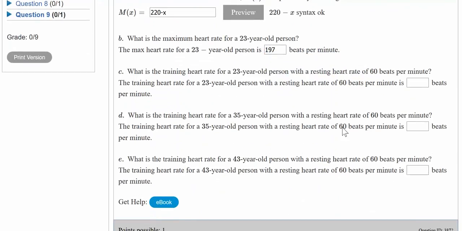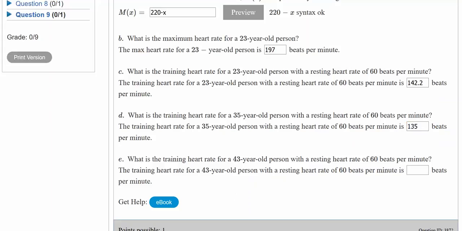All right, then there's parts C, D, and E. Again, all of them are the same except the age is different here. So let's get those numbers included and let's see what happens. For C, I believe it was 142.2. For part D, I think it was exactly 135.